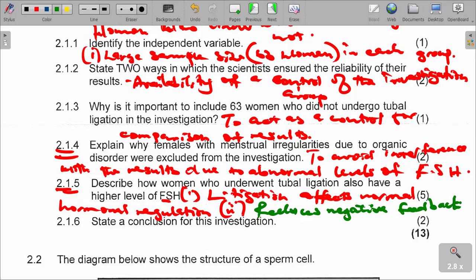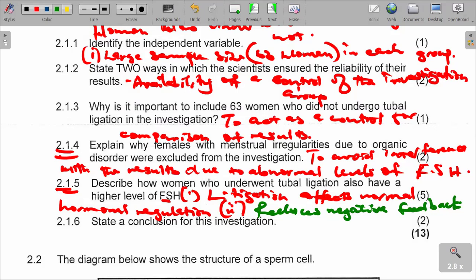When negative feedback is reduced, we talk about, for example, the negative feedback from the ovarian hormones like estrogen and progesterone, which must be there to maintain pregnancy and to stop the further secretion of follicle stimulating hormone. So the ligation has affected the hormonal control, disrupting the negative feedback mechanism.